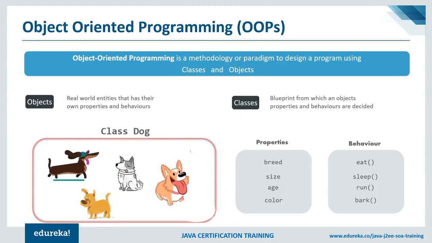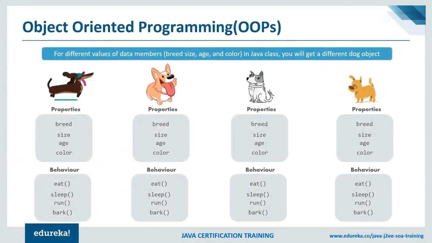So we have an object with properties and behavior. The object will have properties, the object will have behavior, and these properties and behavior will be written in the class to describe the object. So with the object-oriented programming approach, we can have different types of objects. Their properties will remain the same, but the values for their properties will change. Now the size, age, color and breed for all the different dog objects are going to change, right?